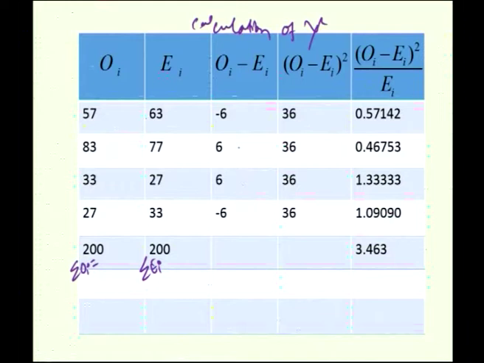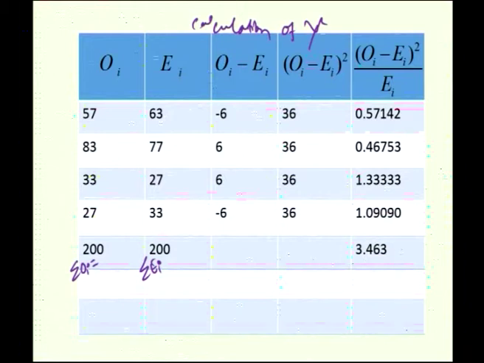Now, as usual procedure, OI minus EI is 57 minus 63, which is minus 6, and then similarly this column is formed. Then correspondingly square those values, then OI minus EI whole square divided by EI. 36 by 63 is 0.57142, and then just add.